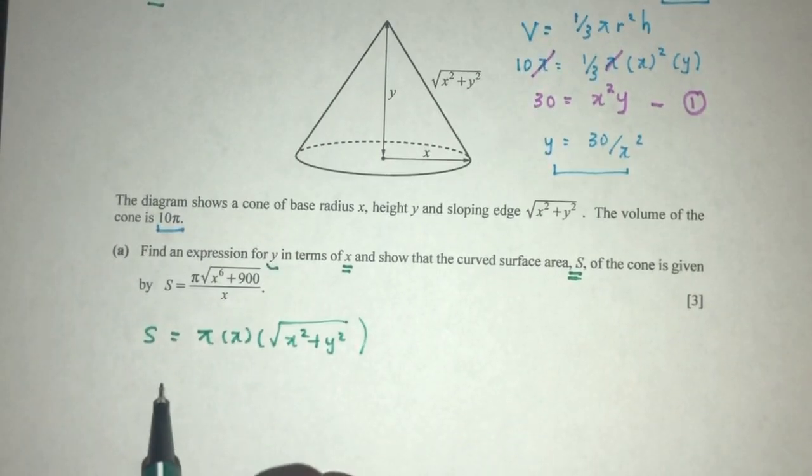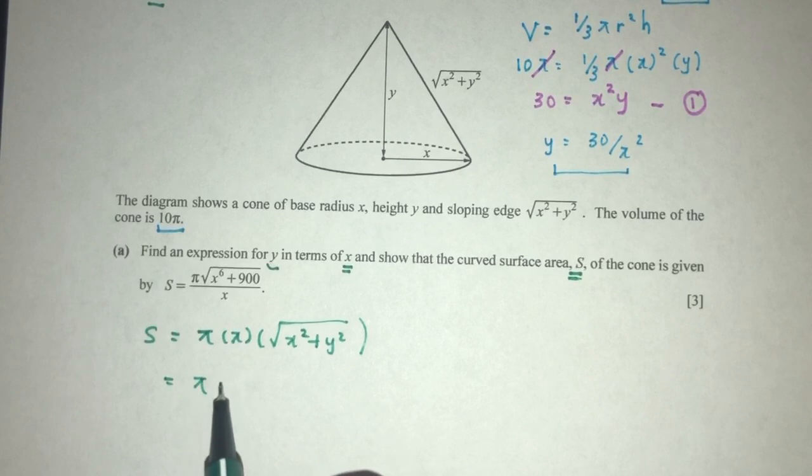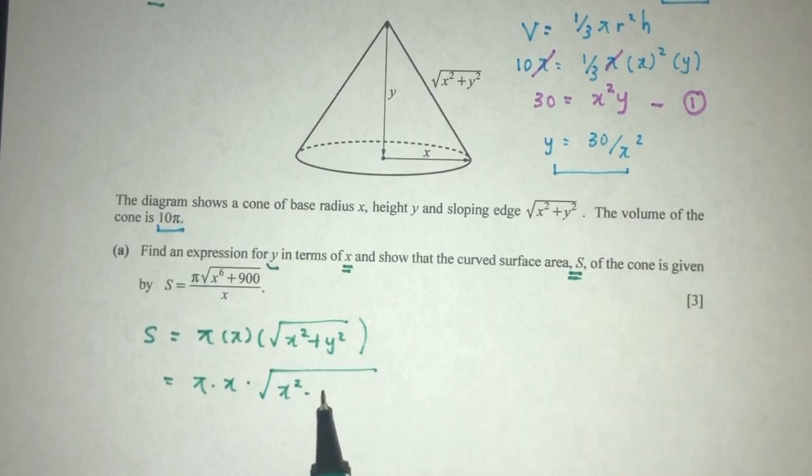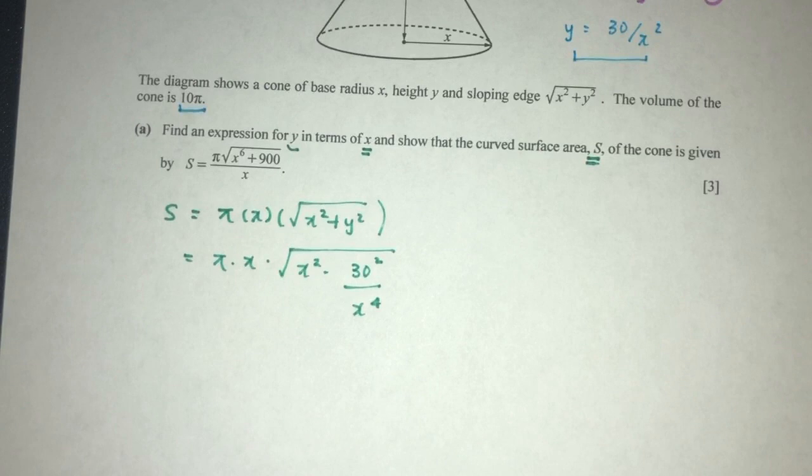Now we can simplify. Pi is pi, x is x, and here we have x squared, and y squared will be 30 squared over x to the power 4. Now we can obviously simplify and see what happens.